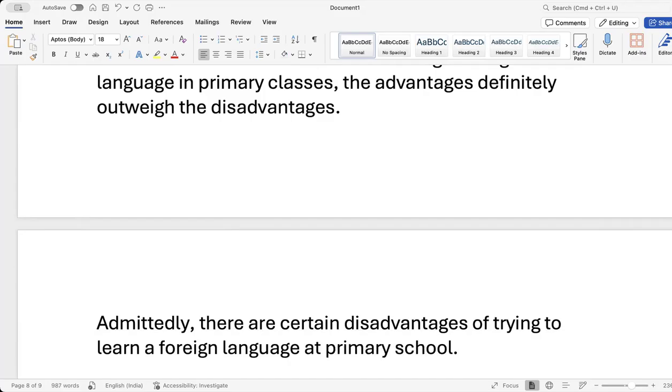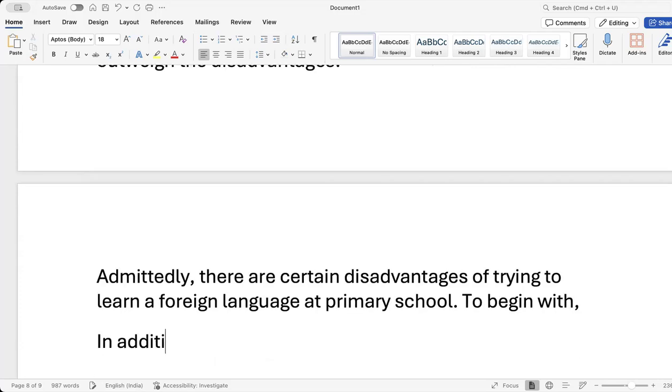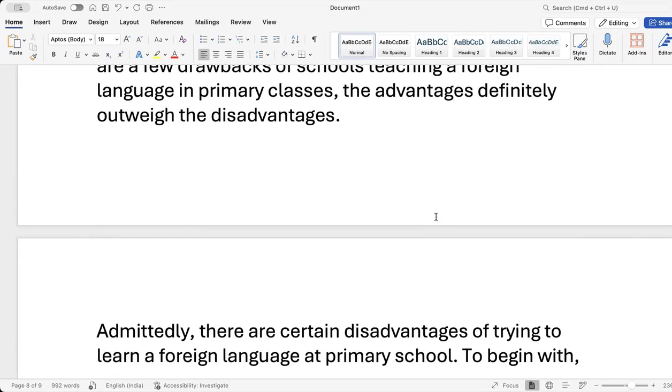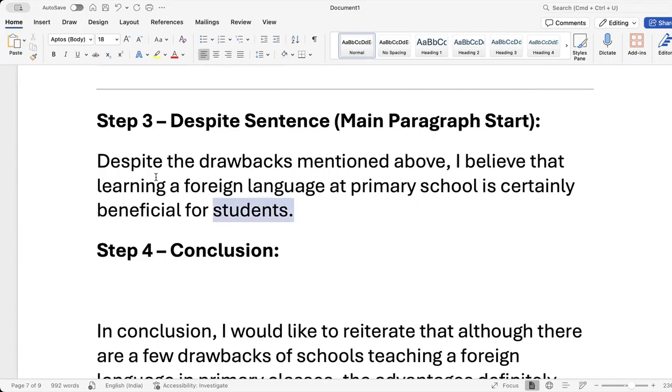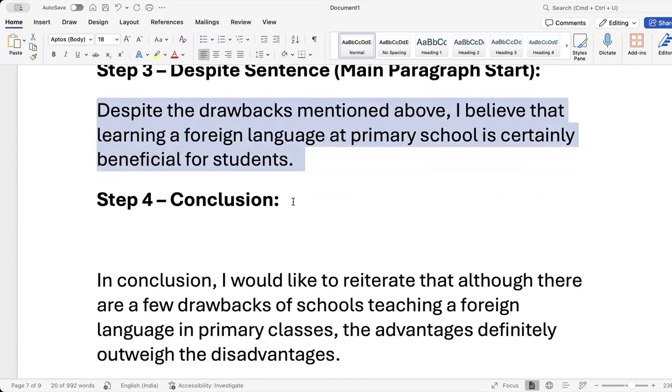That's it. And then you're going to give your downsides one by one, to begin with and in addition. So this is your first body paragraph. After you're done with the first body paragraph, you're going to use the despite statement to come to the next one.